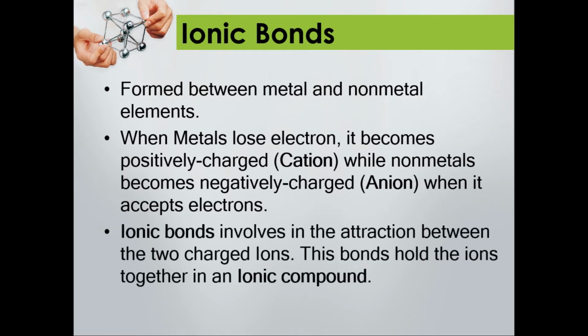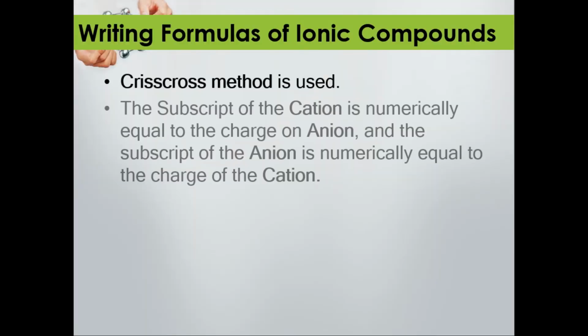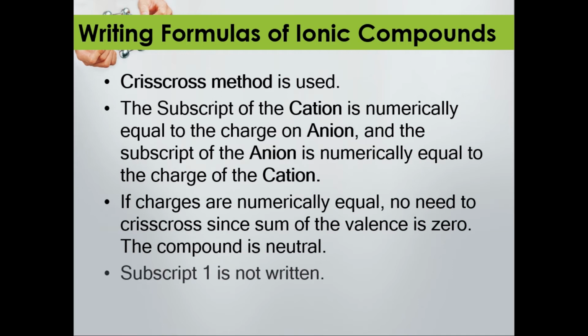So ionic bonds involve the attraction between two charged ions, and these bonds hold the ions together in an ionic compound. In writing the formulas of ionic compounds, we use the crisscross method. If the charges are numerically equal, there is no need to crisscross since the sum will be 0, and the subscript 1 is not written.